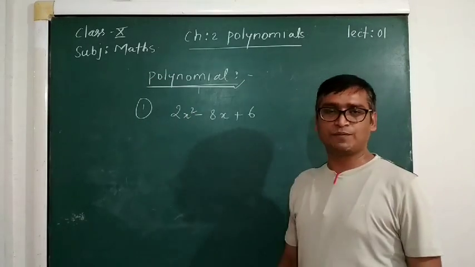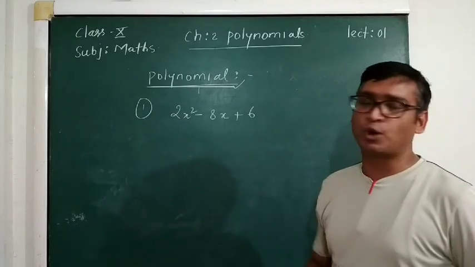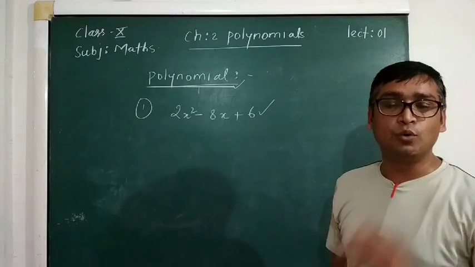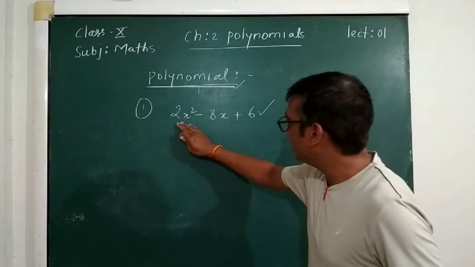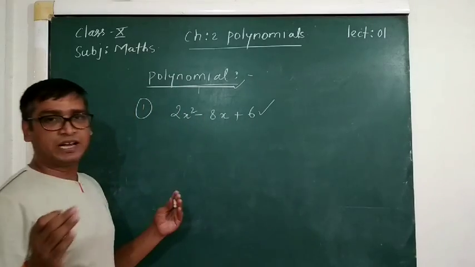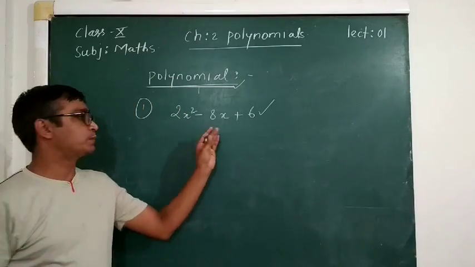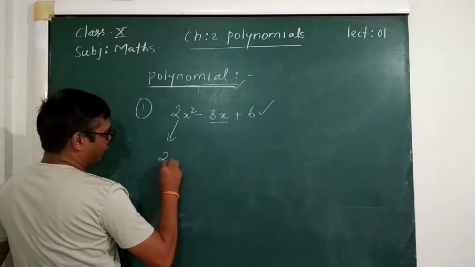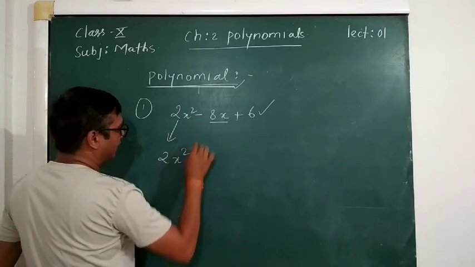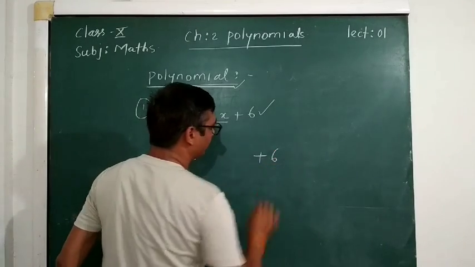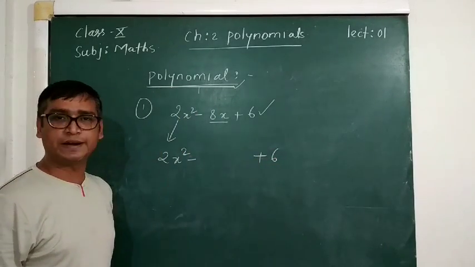So first of all, to find out the zero of this polynomial, we need to find out the zero. How to find out? We can find out by splitting the middle term. In class 8 you might have studied about the splitting, how to split this middle term. So first of all, whatever the first term is, it is written, then after that the sign, then the sign of the constant term is written.